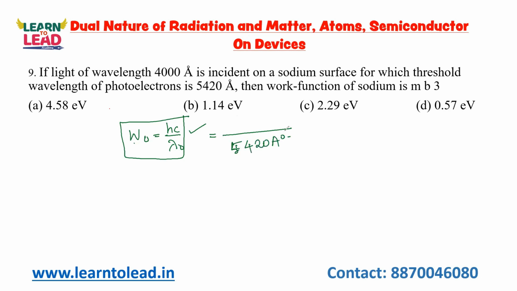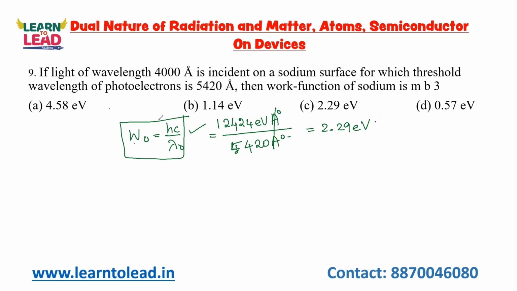If light of wavelength 4000 Armstrong units is incident on a sodium surface for which the threshold wavelength of photoelectrons is 5420 Armstrong units, what is the work function? So h and c both are constants. In terms of electron volts, when I substitute, I get 12,424 electron volts Armstrong units. So both will get cancelled, so 2.29 electron volts.